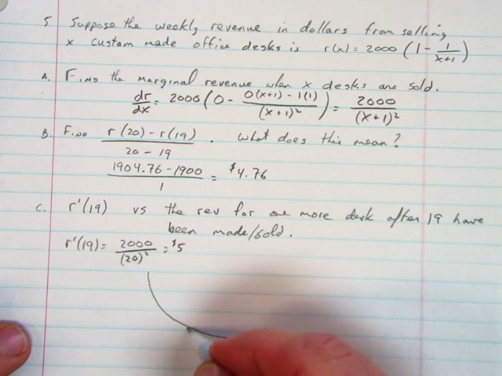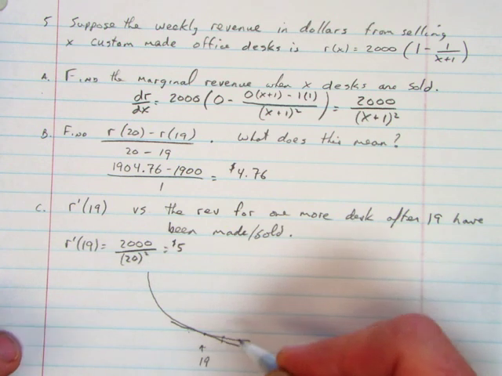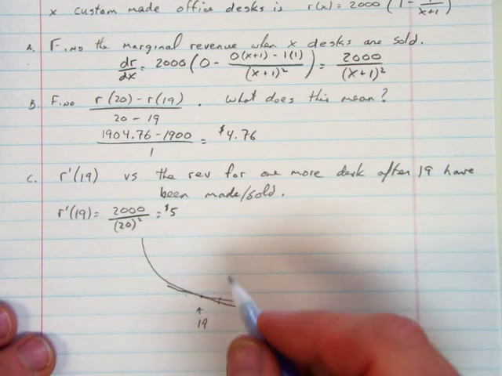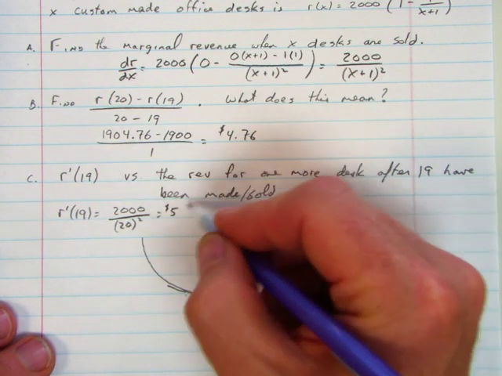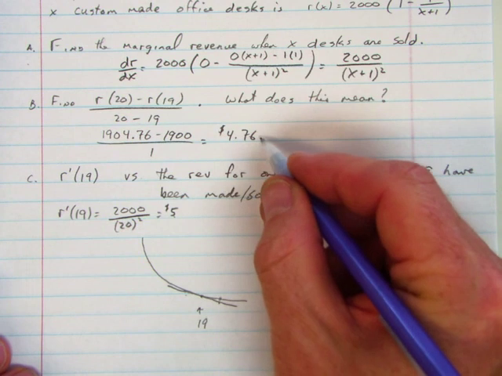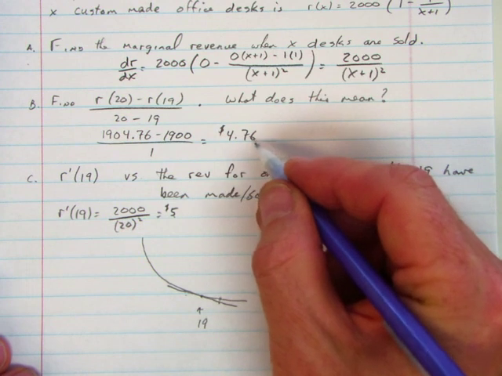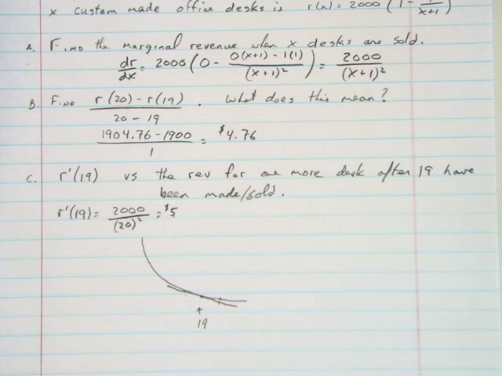If I have something, just kind of sketching, and I'll call this 19, I'm using the slope at 19 to approximate this change. So at 19, the approximate change is $5 more revenue. The exact value was $4.76. They're pretty close. And that's basically it for marginal cost or marginal revenue.